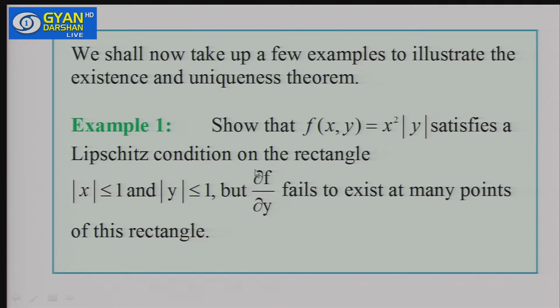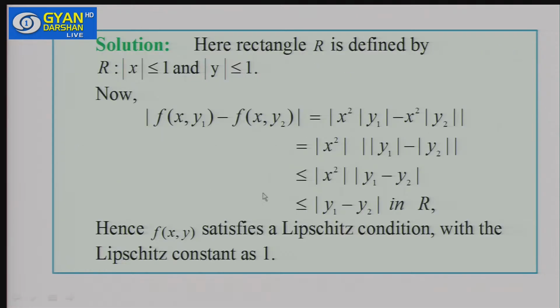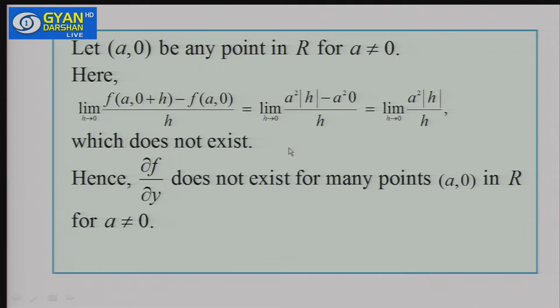So if you take the lighter Lipschitz condition instead of Picard's condition that del f del y has to be continuous, then your sufficient condition becomes lighter. Here they have shown this satisfies the Lipschitz condition but the derivative doesn't exist. And here we have some other examples, but here we are going to stop.